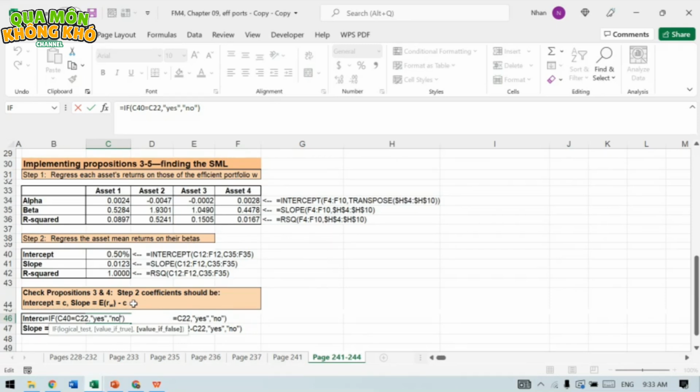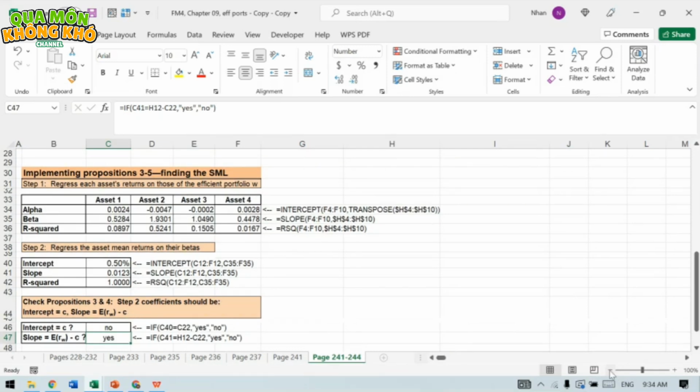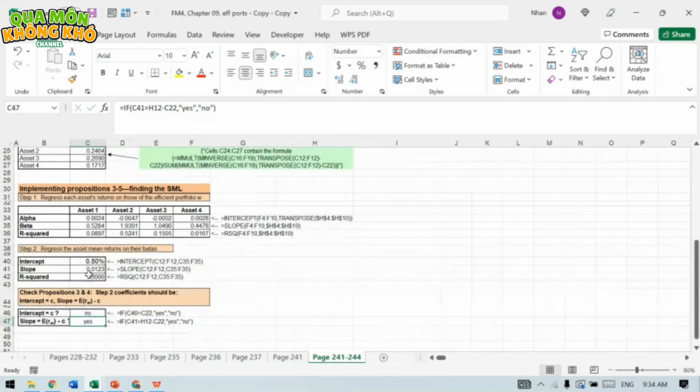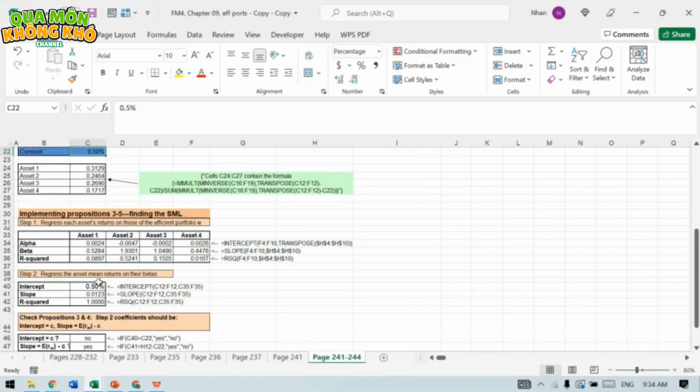So you have C40 equal to C22. What is your C22? C22 is the constant here. Okay, so why is it no? It must also be yes. I wonder why for a long time, but I don't know how to fix it.